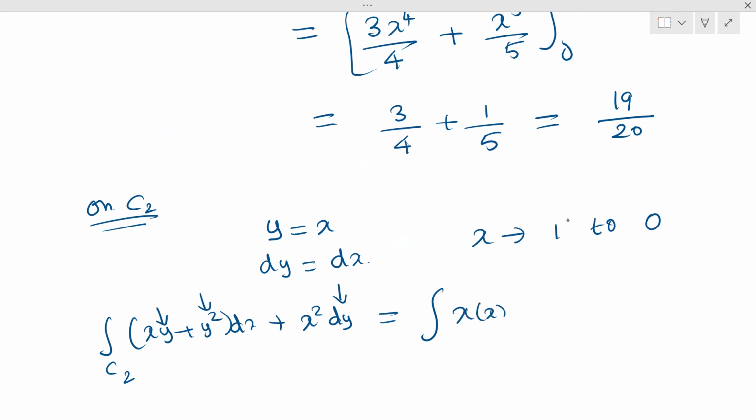So x into x plus x square dx plus x square dx, and the x limit is 1 to 0.